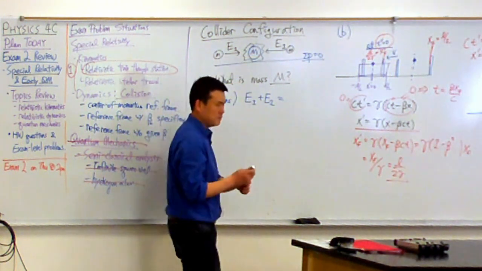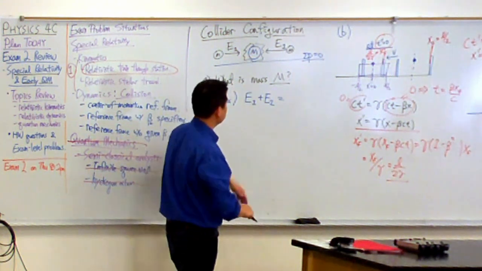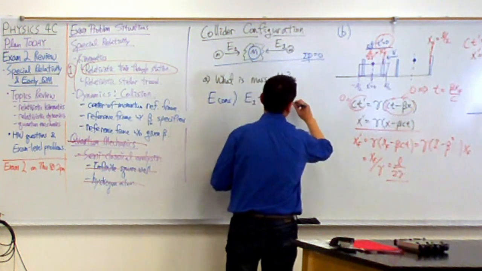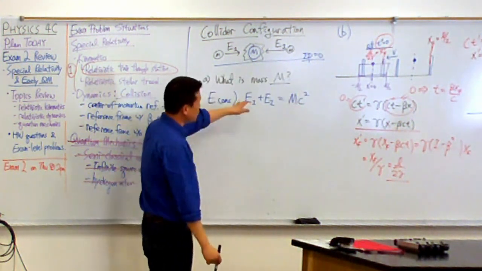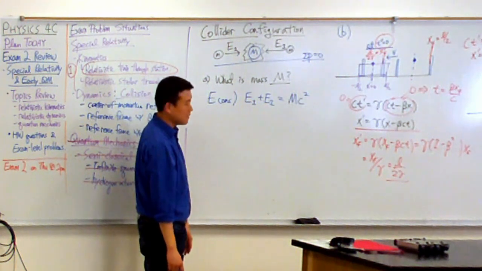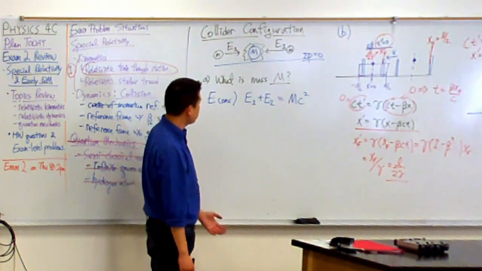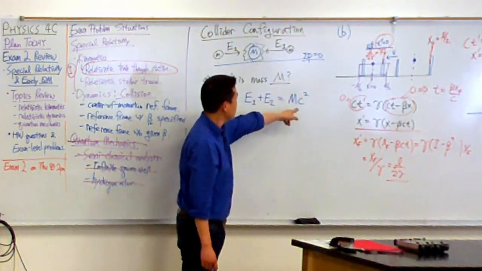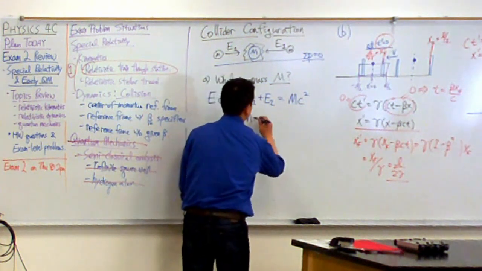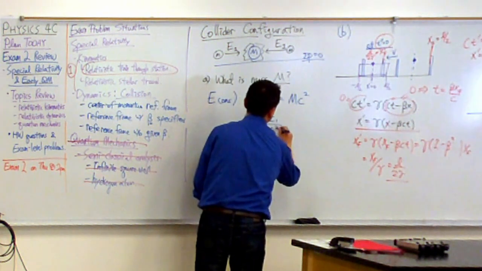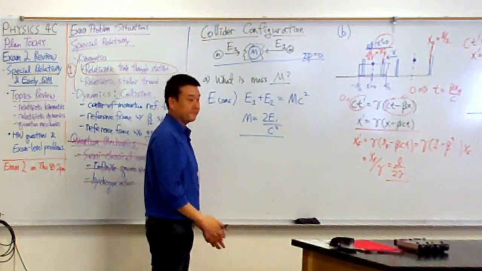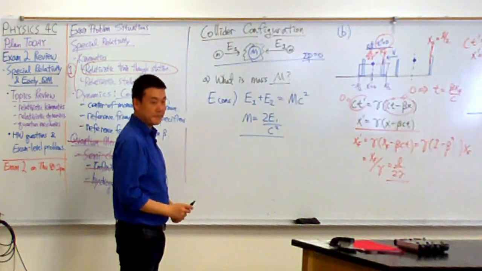None of this is surprising. So for energy conservation you just have the rest energy mc squared. We could write down momentum conservation, but we don't need it right now. Since it's looking for mass, the mass here is simply 2E1 divided by c squared. Simple.